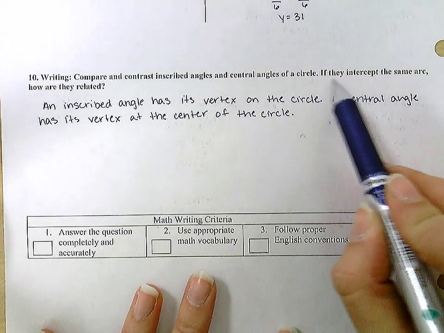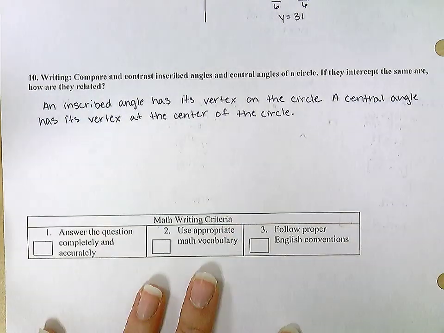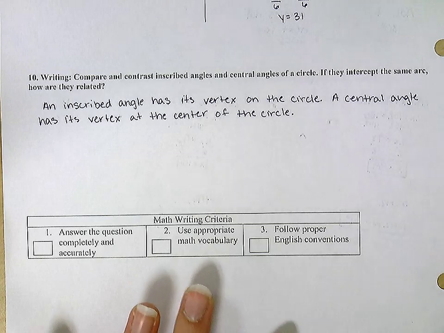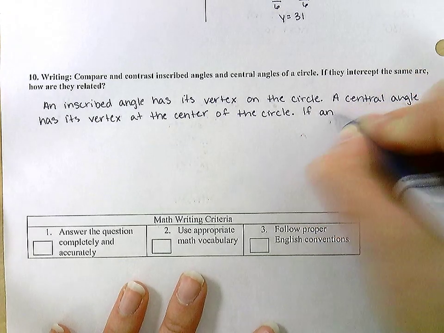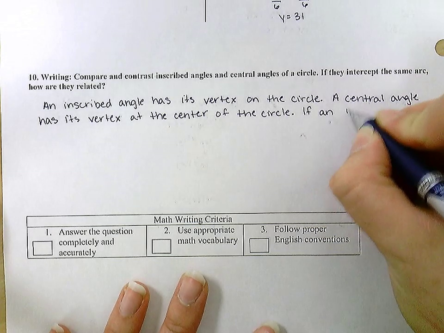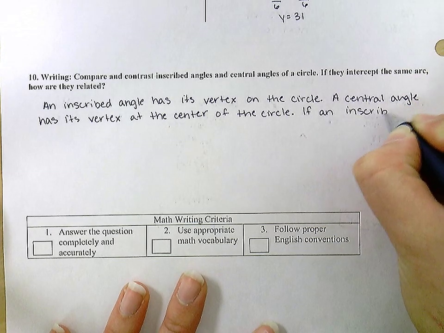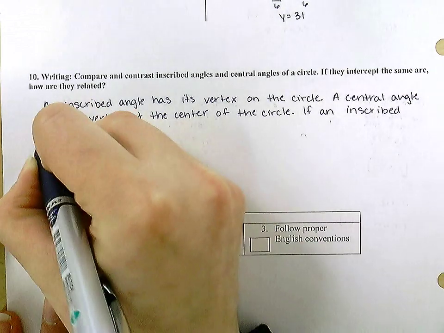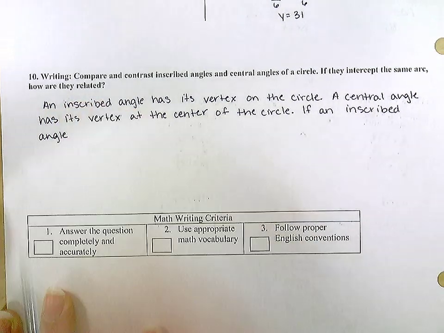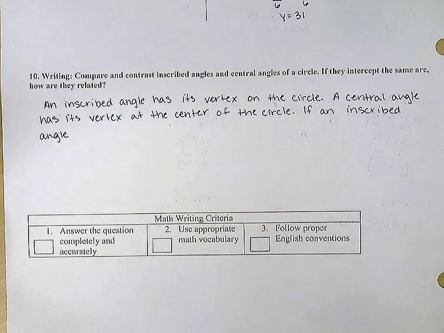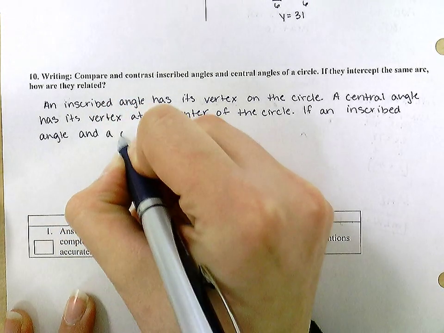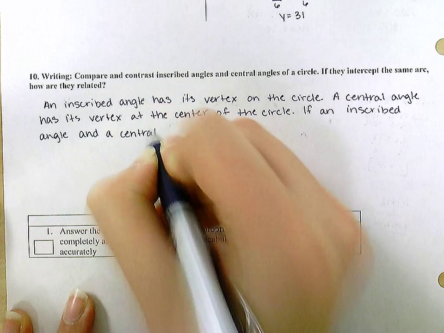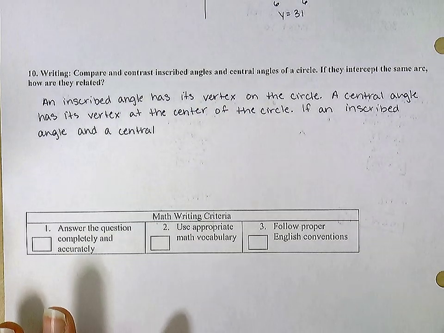Okay, then if they intercept the same arc, how are they related? Okay, so if an inscribed angle and a central angle, okay, so I'm just starting off my sentence about what I was asking.